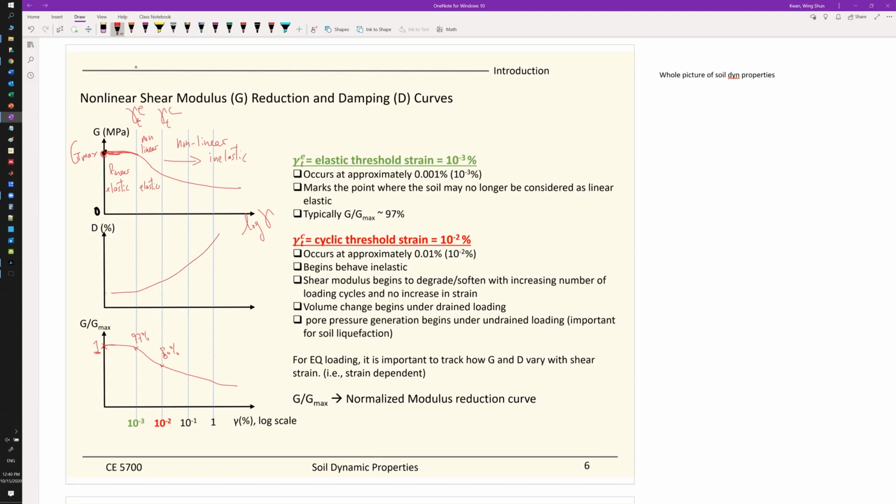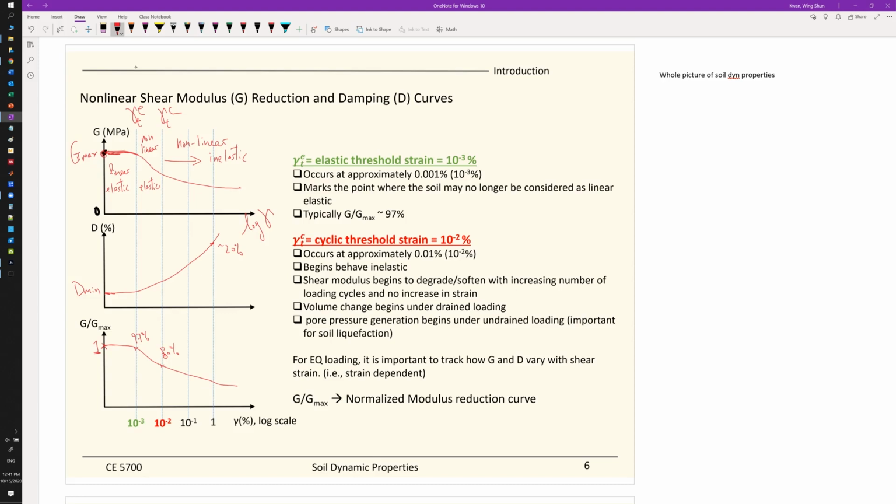And the damping at 1% shear strain will be about 20% damping. We call this the very first point, corresponding to the Gmax value. This is the D min, the minimum damping ratio, and it's also a function of the shear strain.